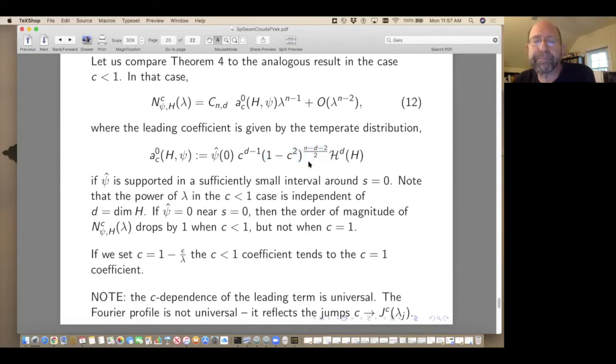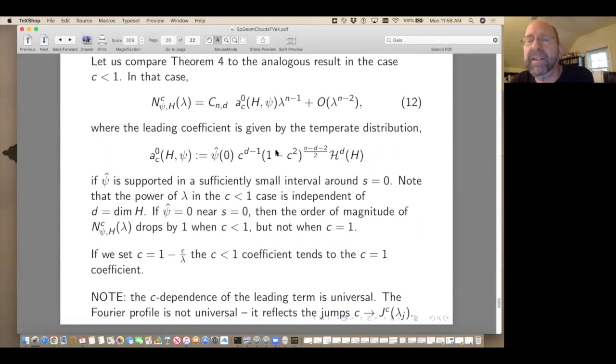And so when h is a hypersurface, the coefficient you get when c equals 1 is bigger than the coefficient here, by 1/2 unit. Just like a Gaussian beam along the equator is bigger than what would happen if you had c less than 1.